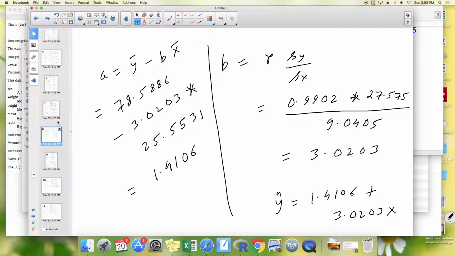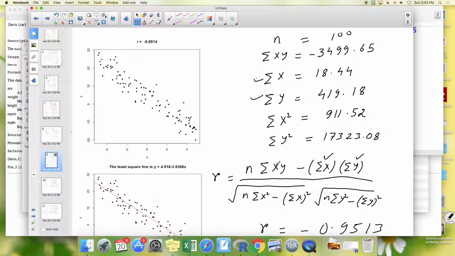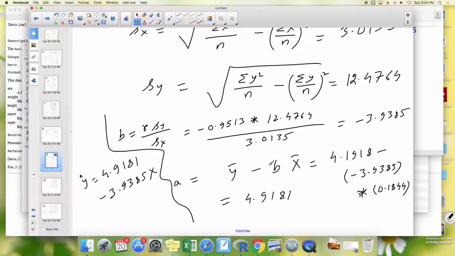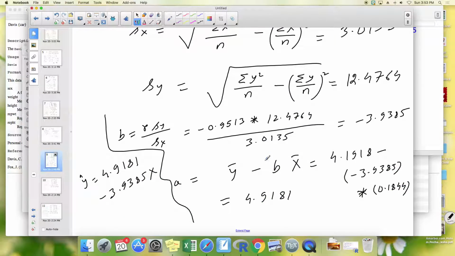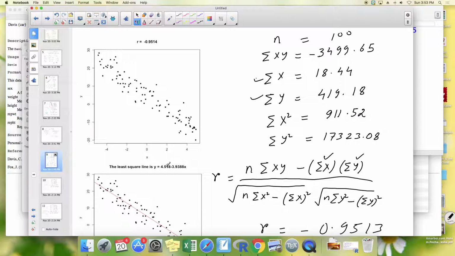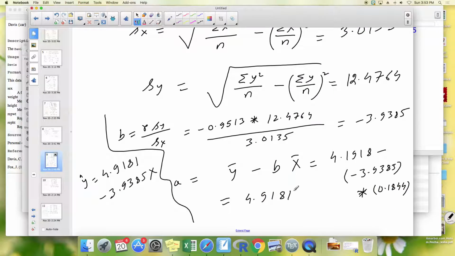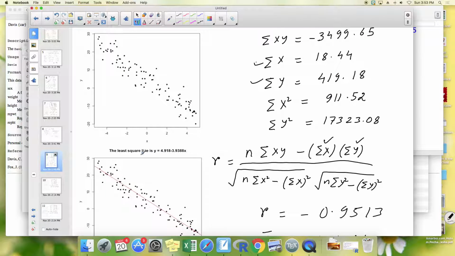This was for this one, and oh yeah, we have actually done the whole thing in one page. So the intercept was 4.918, which we see we got, and the slope was minus 3.9385. So minus 3.93, they got 88, but that's okay.